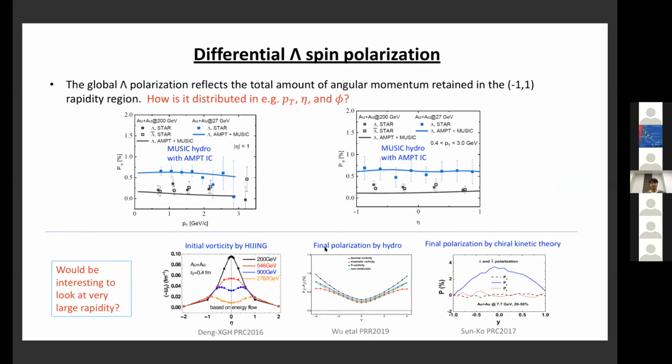But if we go even higher rapidity, then the situation is quite uncertain, because even from the theory, different theoretical models give a different rapidity dependence of the vorticity or the polarization. So I think it could be interesting to look at the large rapidity region from both the theory and the experiments.